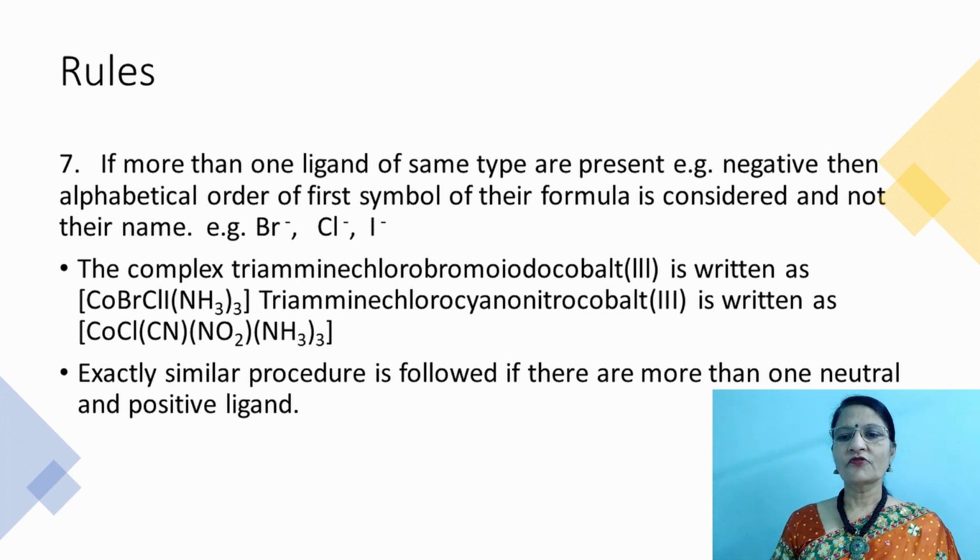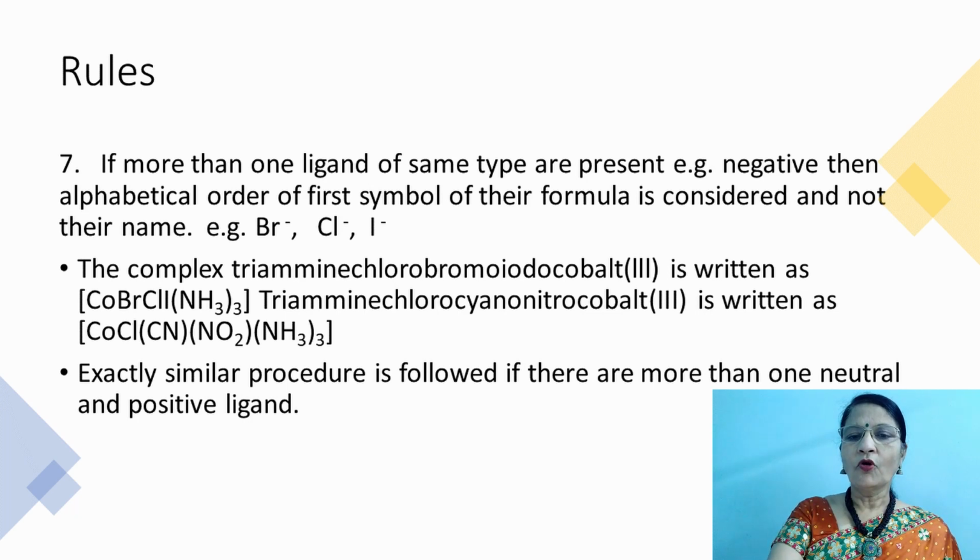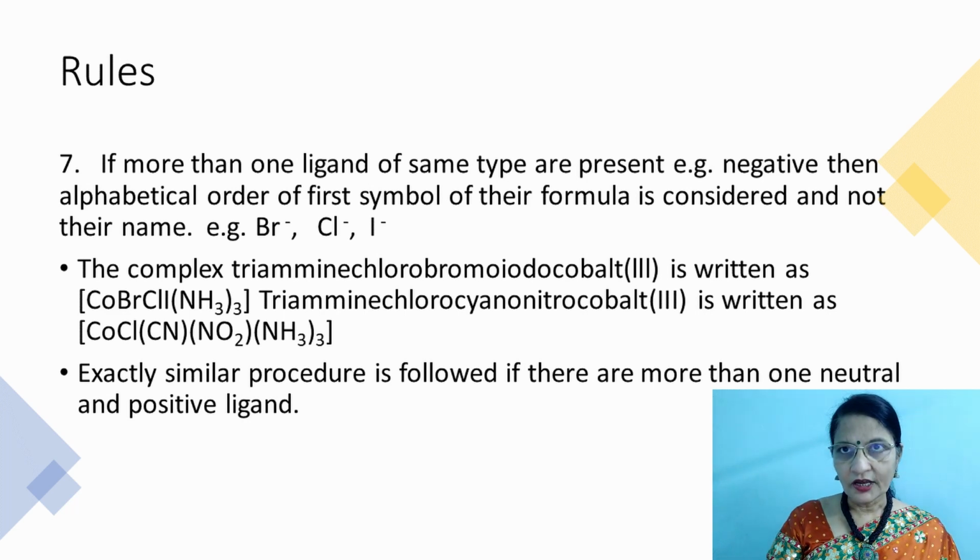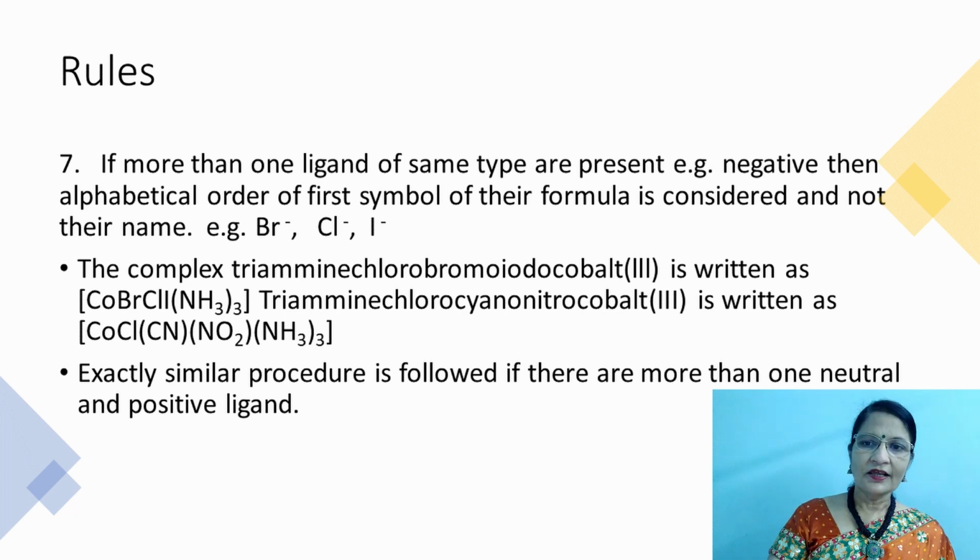This is the sequence of the ligands, that is, the negative followed by the neutral ligand, and the sequence of the negative ligands is arranged on the basis of the symbol of the ligand in alphabetical manner. C comes first, then Cl, then CN, and then nitro, then amino. The same sequence is considered for the neutral ligand or positive ligand.